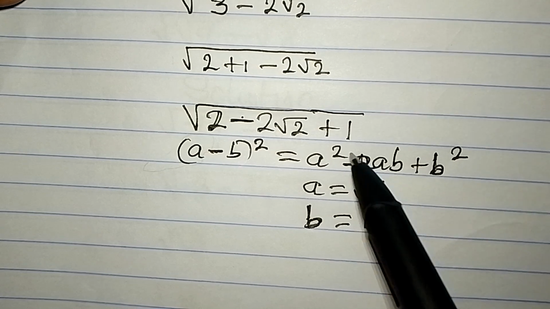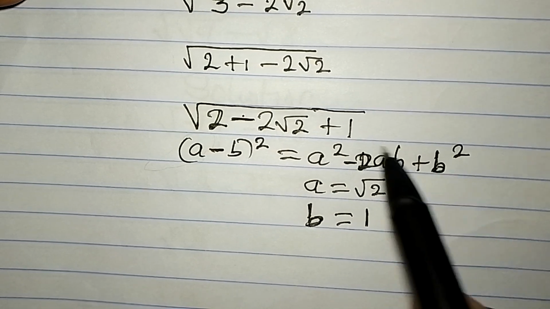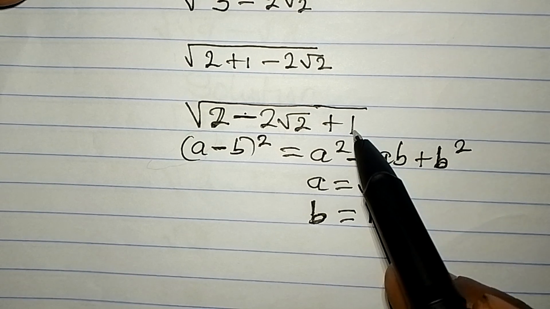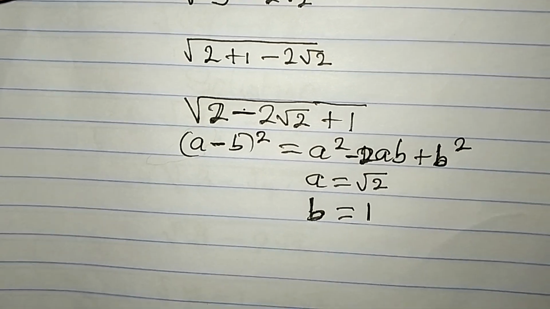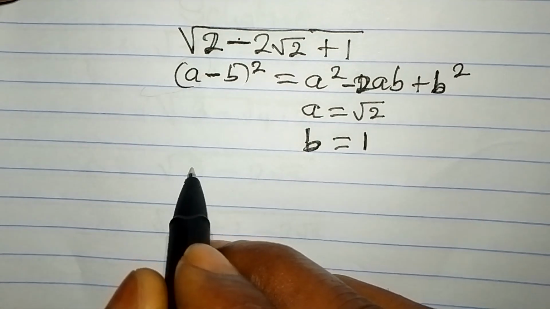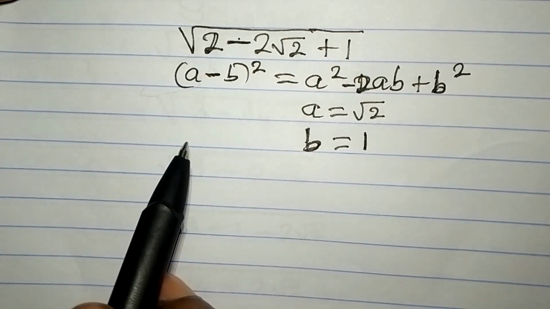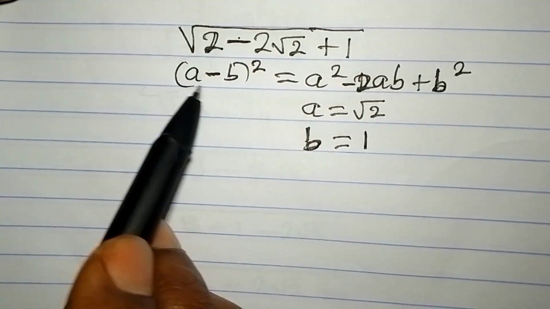Mind you, b squared is 1. So even if I say 1 squared, it will still give us 1. So our a is root 2 and our b is 1. So if we continue, we can now express the whole of this in the form of this.